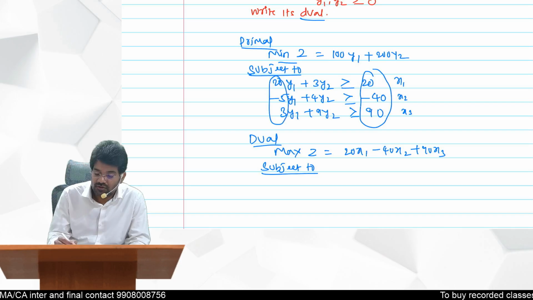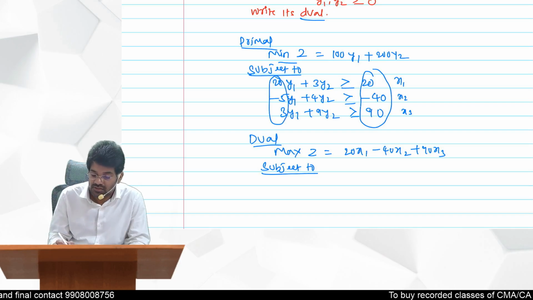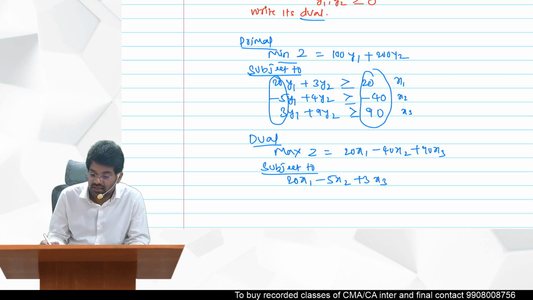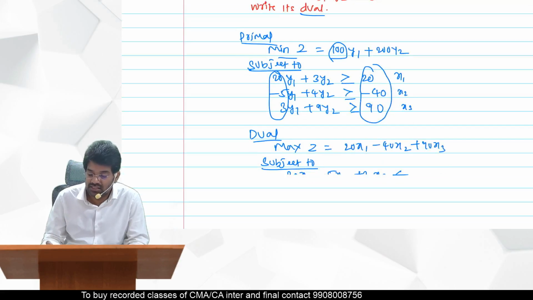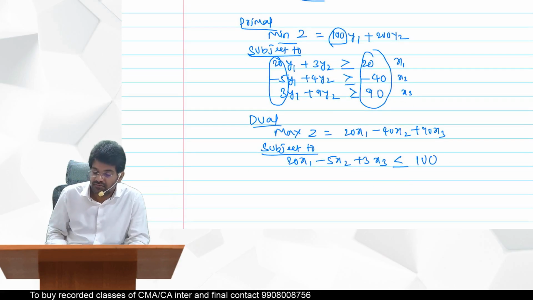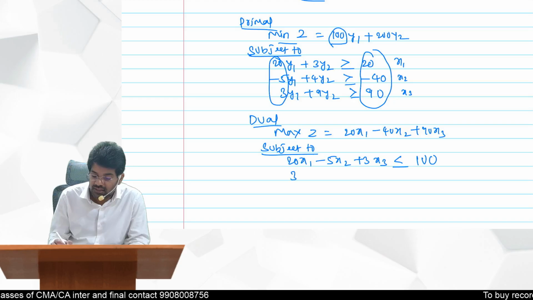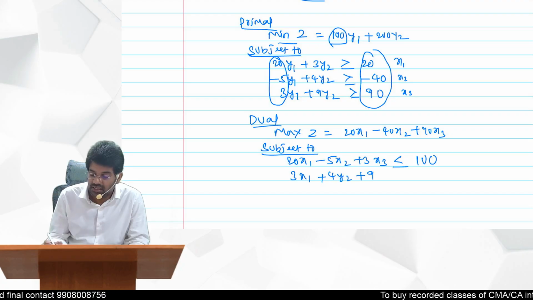this one, no. Columns will become rows. So 20x1 minus 5x2 plus 3x3 less than or equal to the coefficient of the first variable, that is 100. Next, second one, 3x1 plus 4x2 plus 9x3 less than or equal to 200.